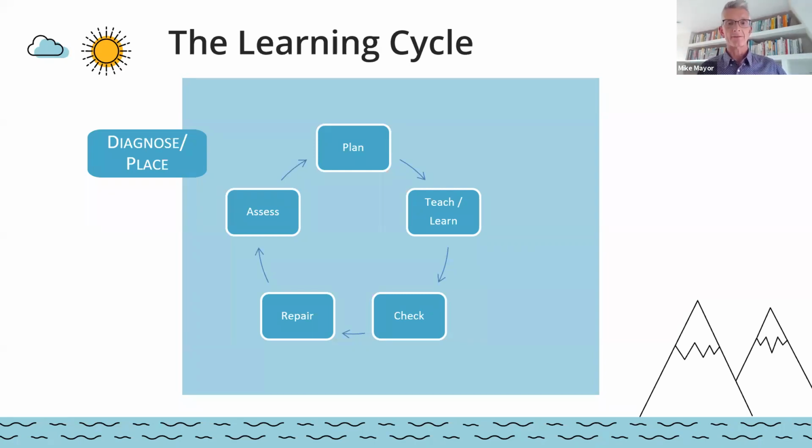And if it looks like they haven't understood or they haven't mastered a particular language point, then you repair or you remediate, you go back and do it again. And then you get to the end of the year or regular intervals within the year and you do an assessment and, following good practice, the results should then inform your next plan. And so we go on this circle.